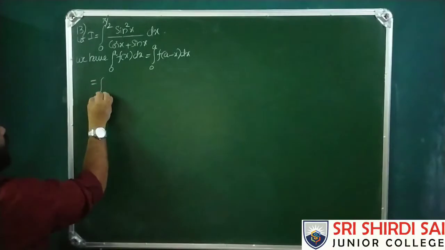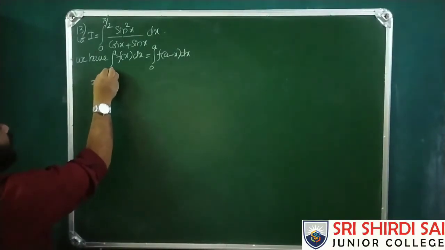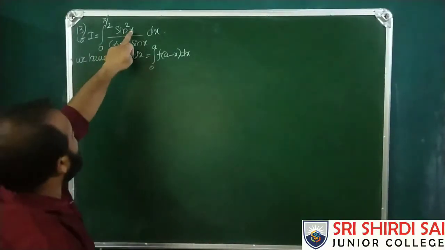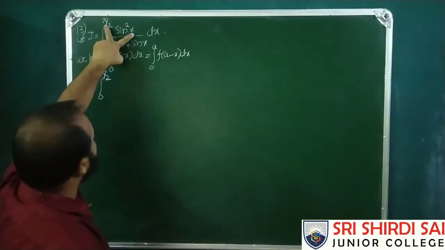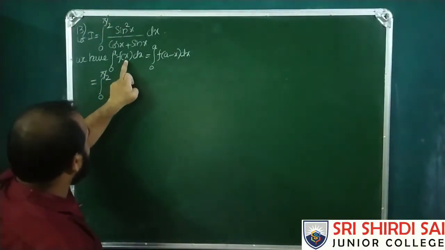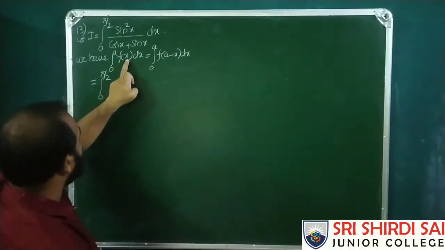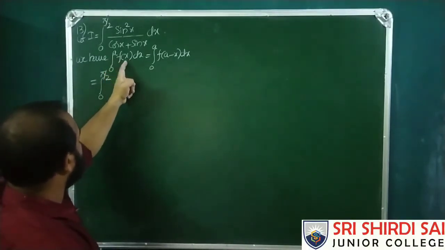So using this property 0 to pi by 2, wherever you find x, simply substitute upper limit pi by 2 minus x, because the property clearly says that only in the place of x, upper limit minus x.